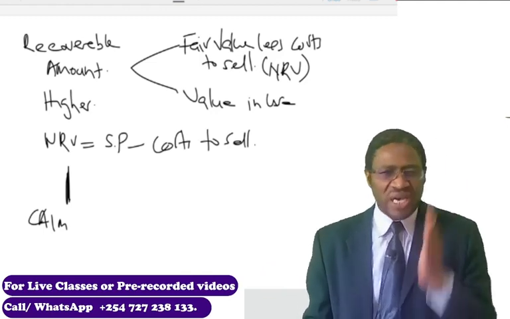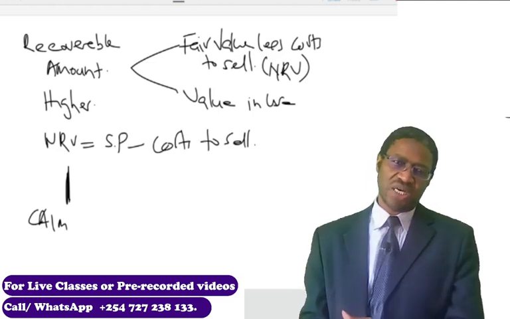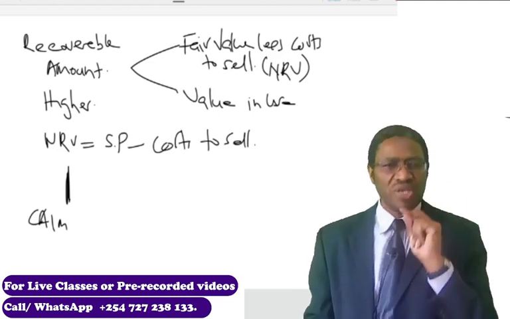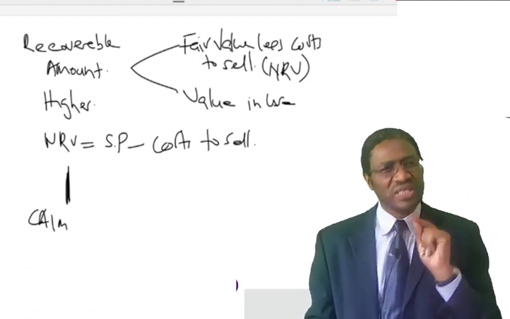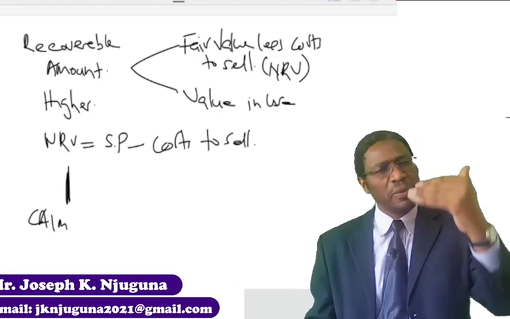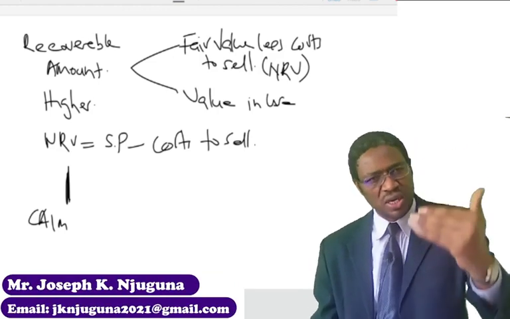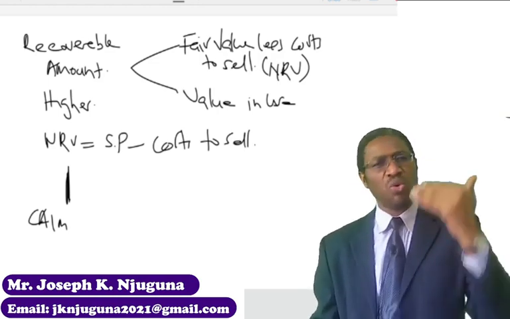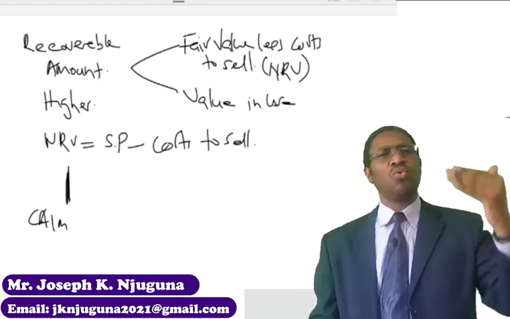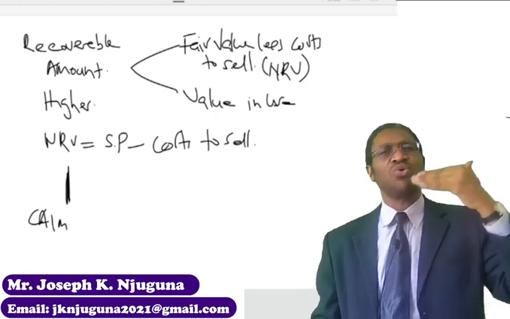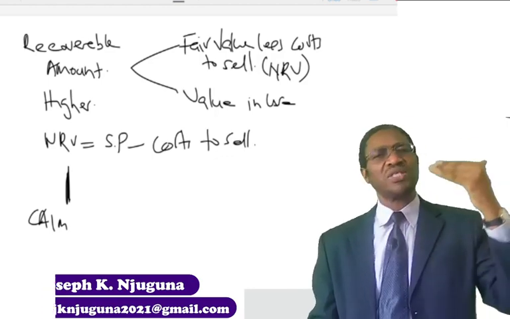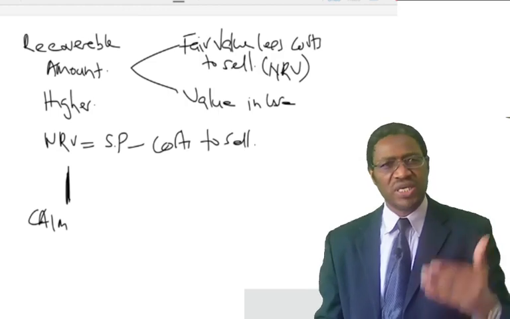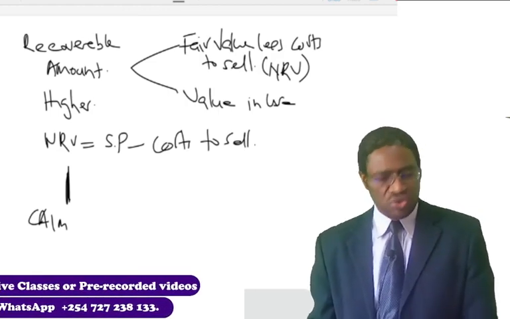Now, to get the value in use of that asset, your company will be required to determine, as they keep using this asset in the future, what are the cash flows that will be generated from the continuous use of that asset?